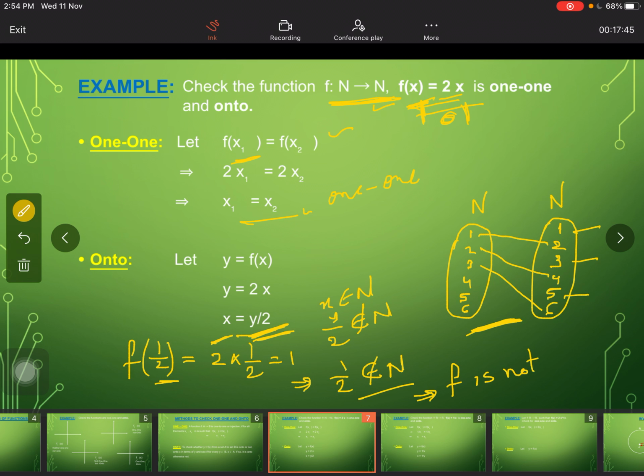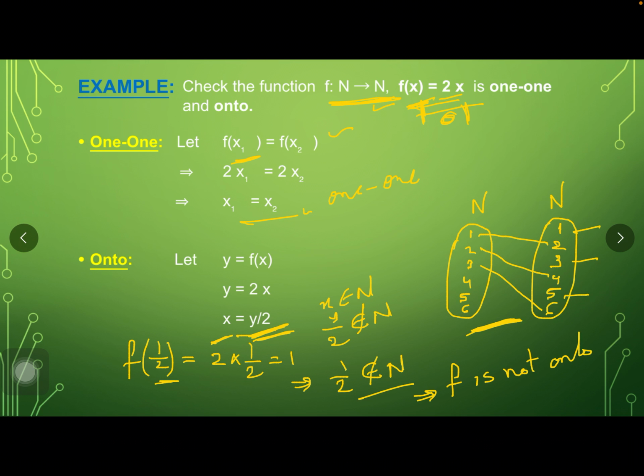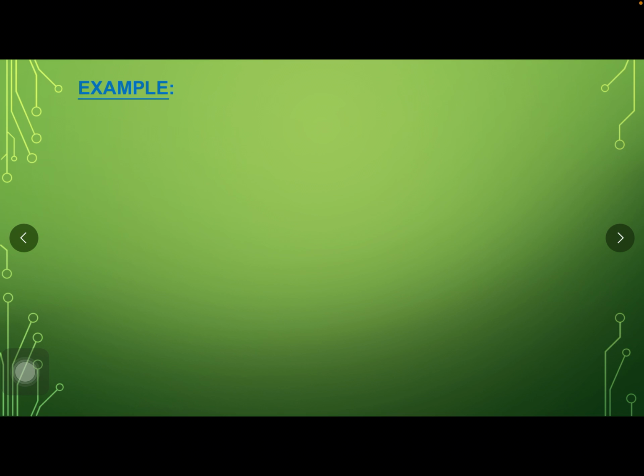And we say that our function is natural number to natural number, so our 1/2 doesn't belong to the natural numbers, so we can say that our function f is not onto, right? So our function is not the onto function.